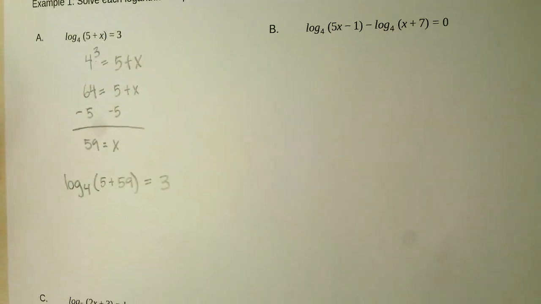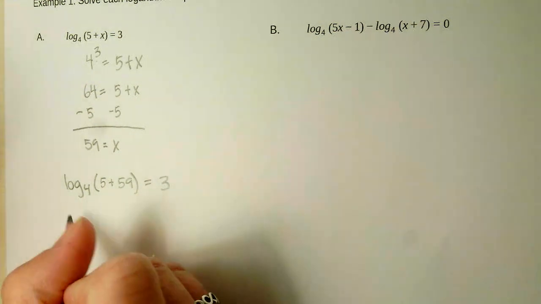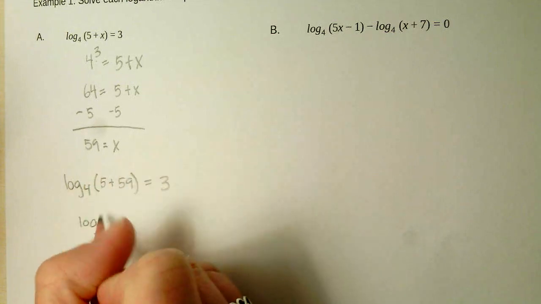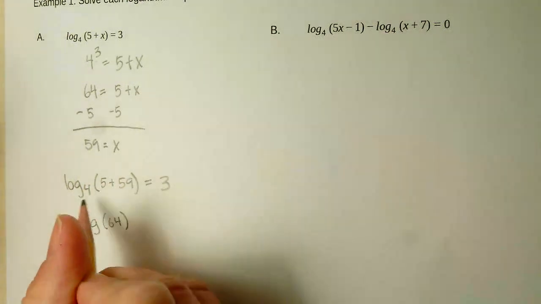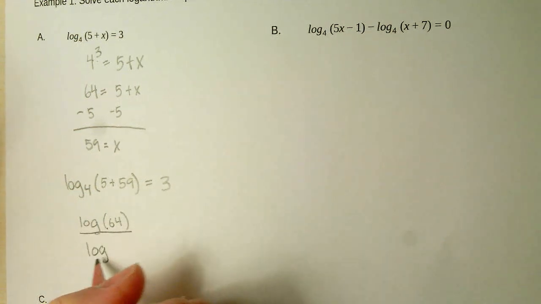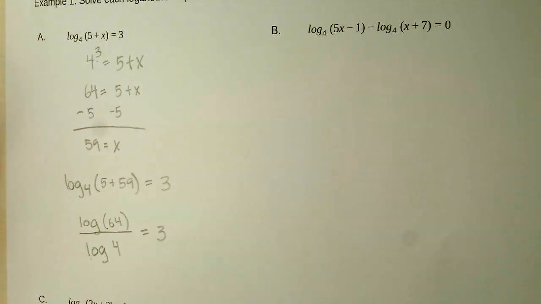Okay, so let's say that you are not super comfortable with your logarithms and you decide that you're going to use your calculator. So hopefully you would realize that 5 plus 59 is 64. And we know we don't have log base 4 in our calculator, so we're going to do the common log of 64 divided by the common log of 4, and we want to see if that's equal to 3.